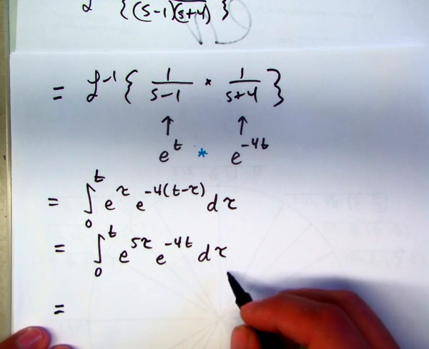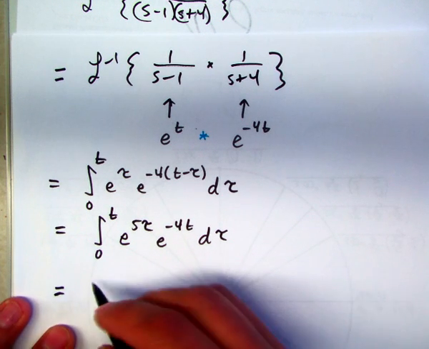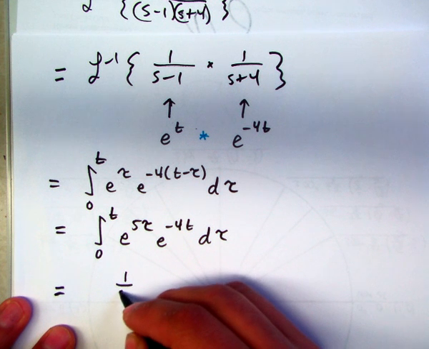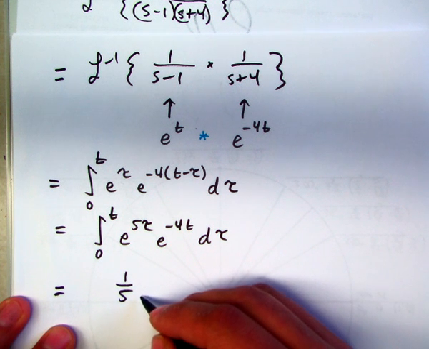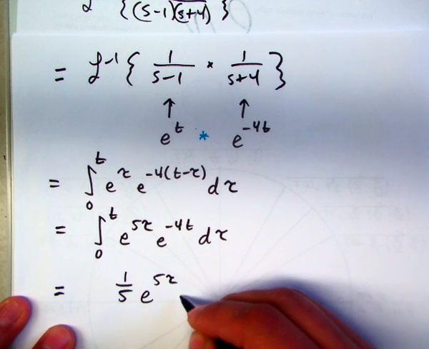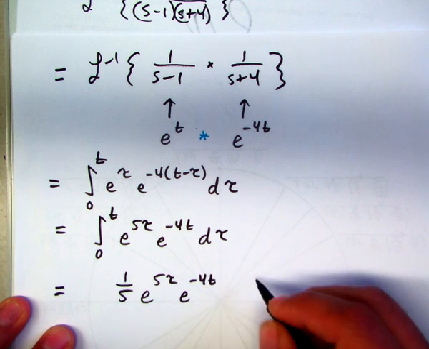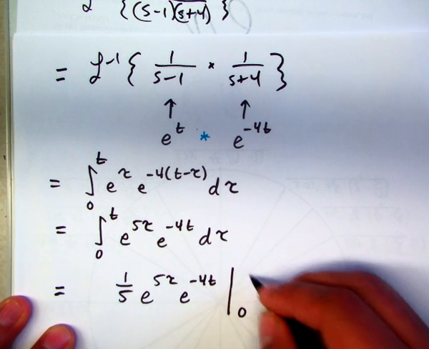Since we're integrating with respect to tau only, this is just 1/5 e to the 5 tau e to the negative 4t evaluated from 0 to t.